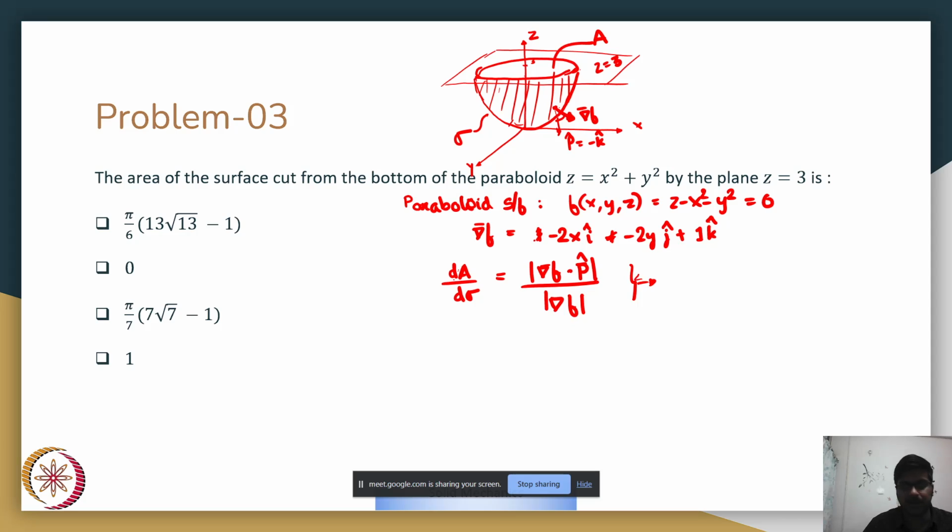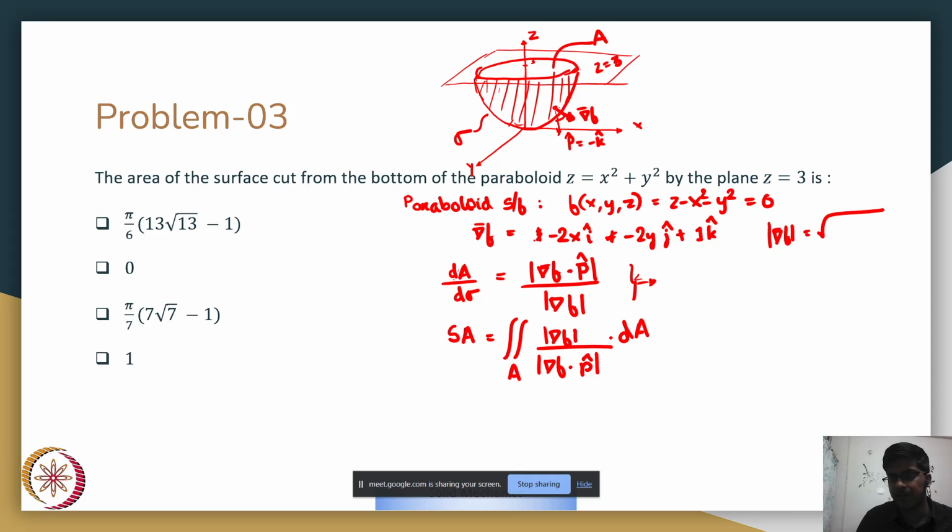So if I just rewrite this, the surface area is nothing but the integral over surface A of norm of grad f upon norm of grad f dot p times dA. In this particular case, norm of grad f is nothing but root of 4x² plus 4y² plus 1.